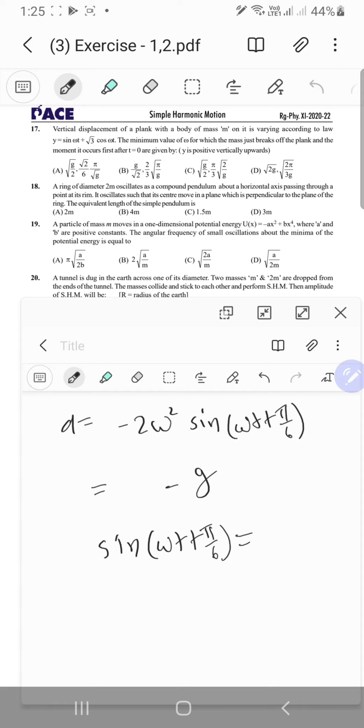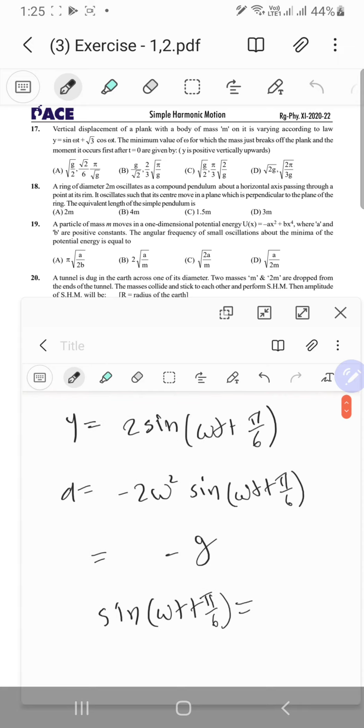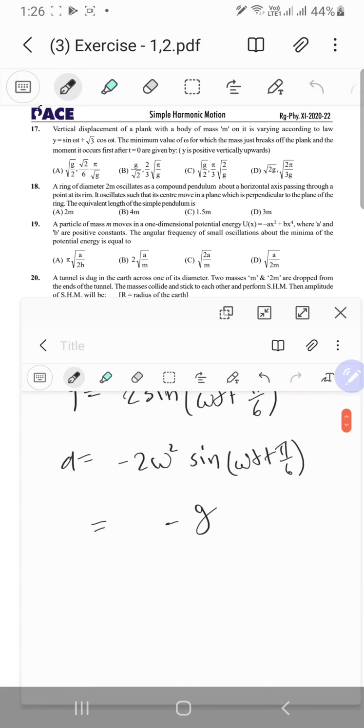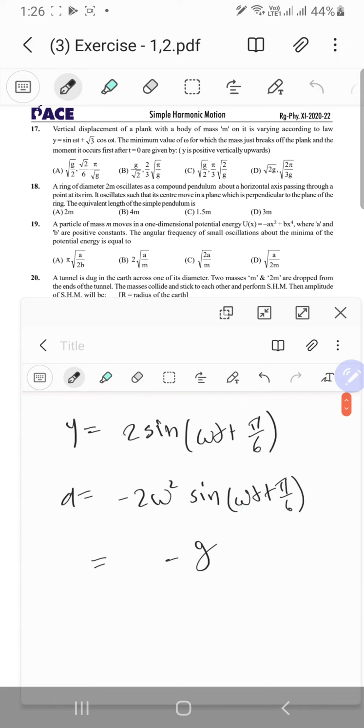Oh, so we want the minimum value of omega for which this happens. By the way, that essentially means this condition is when y is maximum. So in that case, this sine should just be 1.